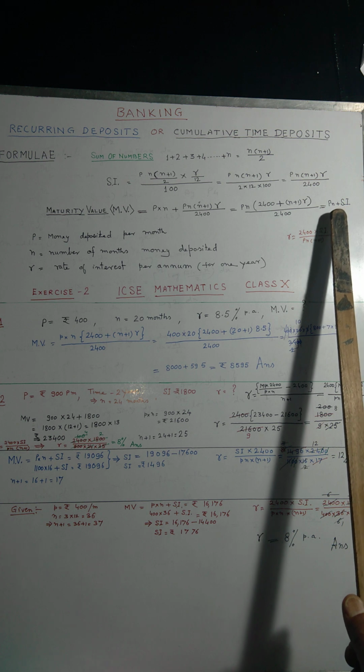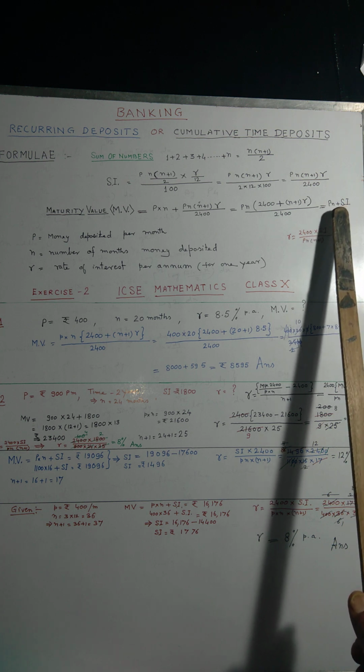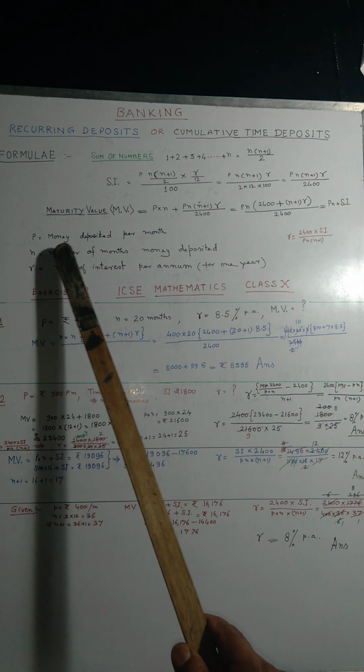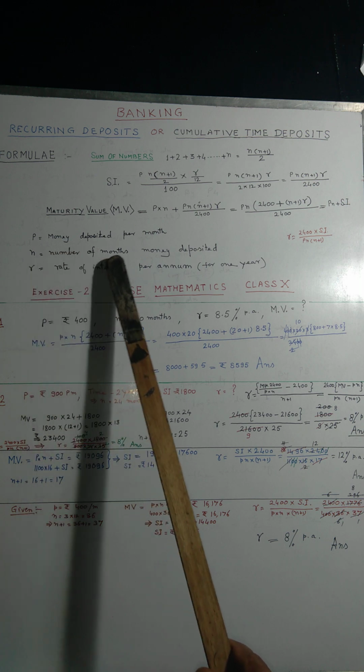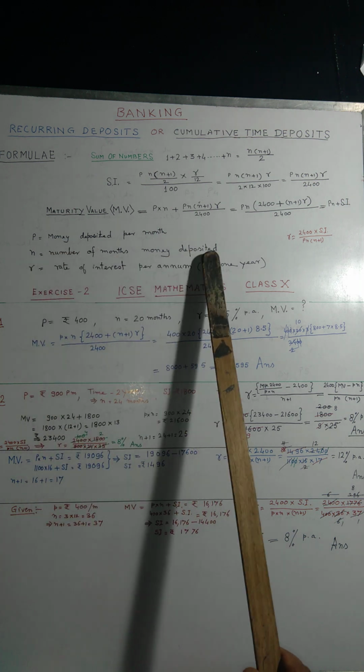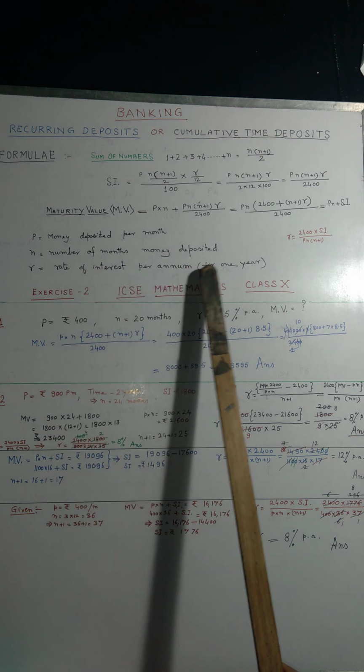That can also be given as Pn plus SI. Here P is the money deposited per month, n is the number of months the money is deposited, and R is the rate of interest per annum, that is for 1 year.